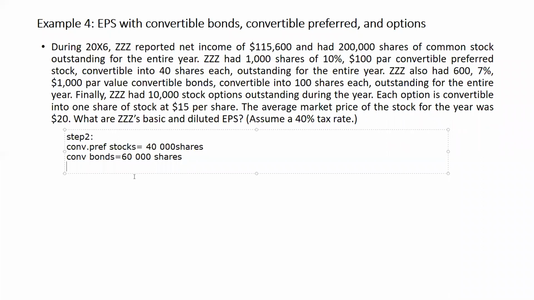And we have, of course, the exercising options or warrants, which we said is 2,500 shares. This is how we calculate the change in the shares.